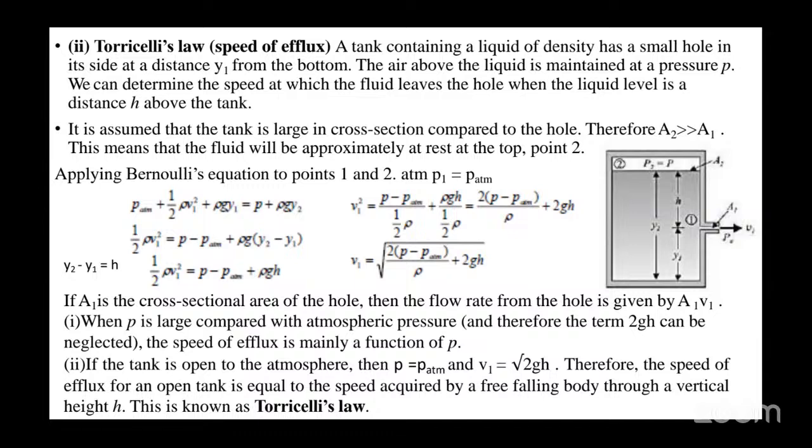If an object is falling from a height, a becomes the acceleration due to gravity, and since the object is falling, g is positive. So our equation becomes v squared is equal to u squared plus 2gh.